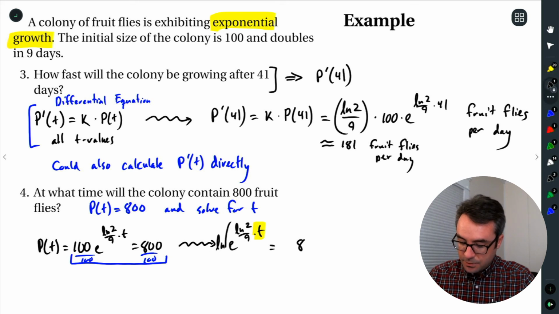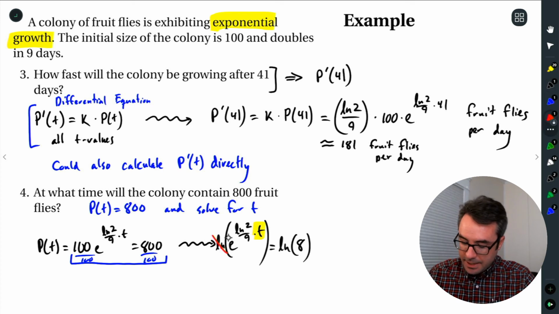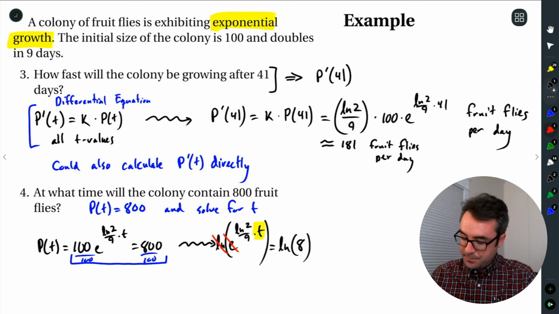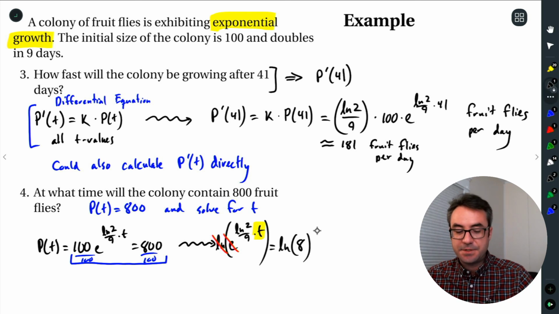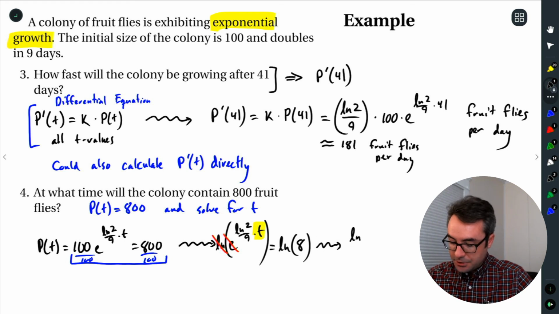So we're going to apply natural log to the left side and then to the right side. Natural log cancels with the natural exponential function. And then this gives us the equation natural log 2 divided by 9 times t is equal to natural log 8.